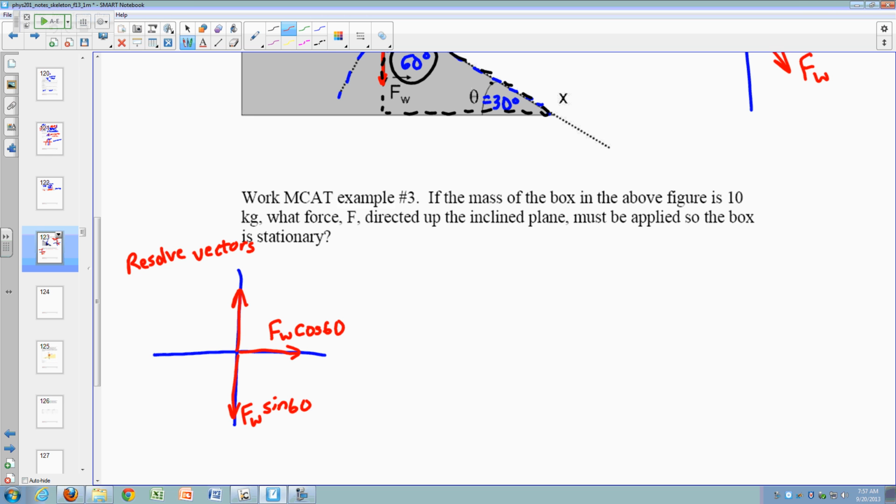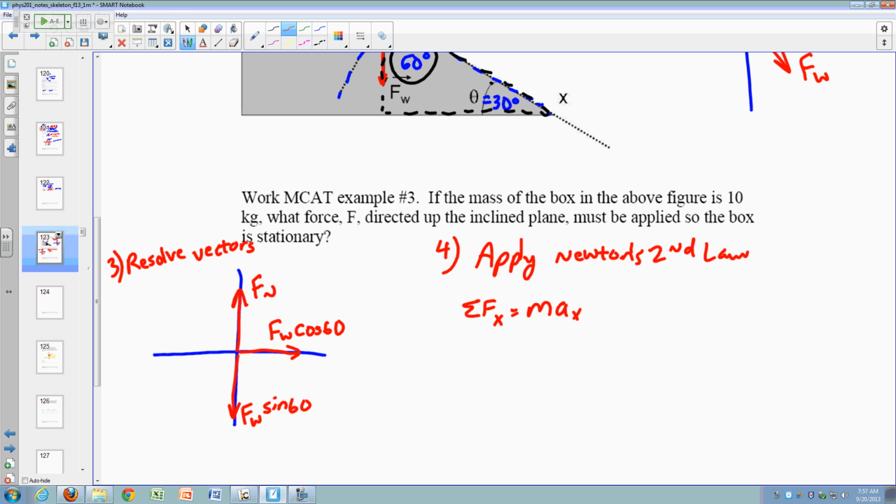And then I have the normal force. Alright, so I resolve the vector, that's my third step. And then my fourth step is to apply Newton's second law.